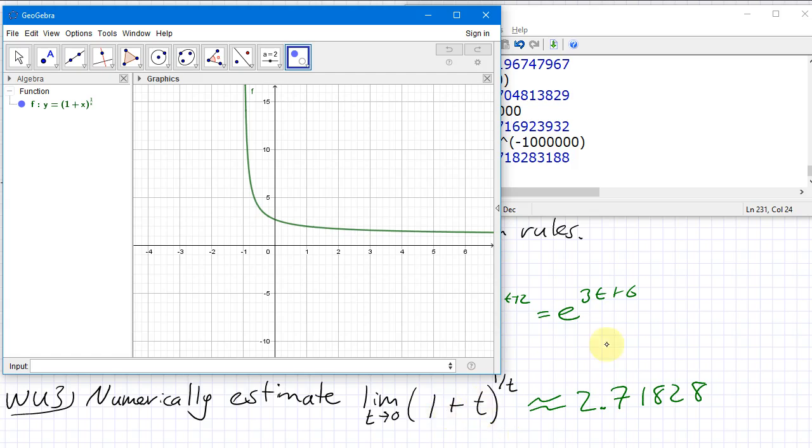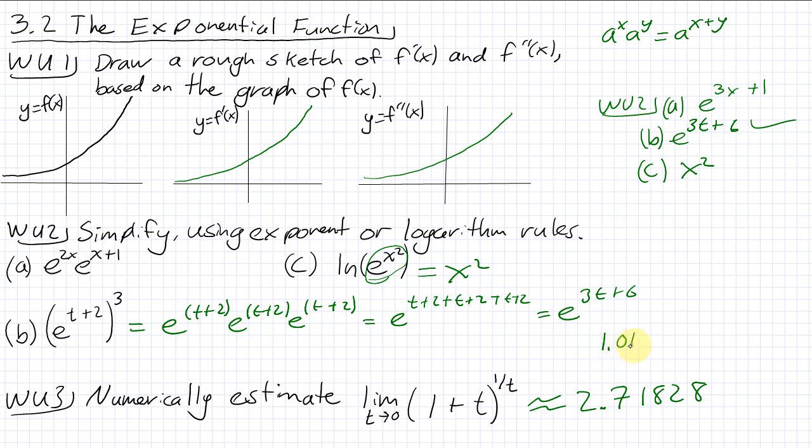Because if you had, let's say, the limit as t approaches 0 of 1.01 to the power 1 over t, I'm sorry, I meant 1 over t here, this would not exist. The exponent would approach infinity, and that would make the whole thing approach either infinity from one side, and then it would approach 1 from the other side. So that limit doesn't exist.